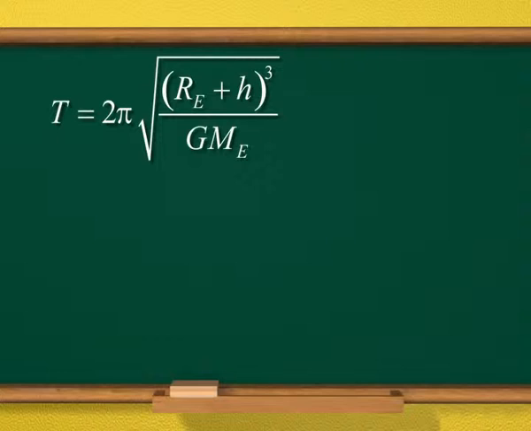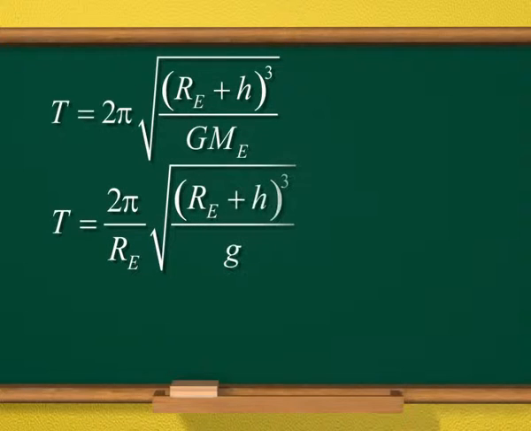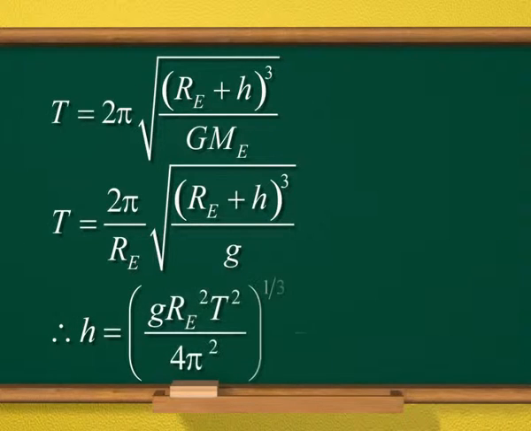In terms of acceleration due to gravity, it would be 2 pi upon Re into the square root of Re plus h whole cube upon small g. Using this expression for time period, one can measure the height of the satellite, according to which h is equal to the cube root of small g Re square T square upon 4 pi square, minus Re.